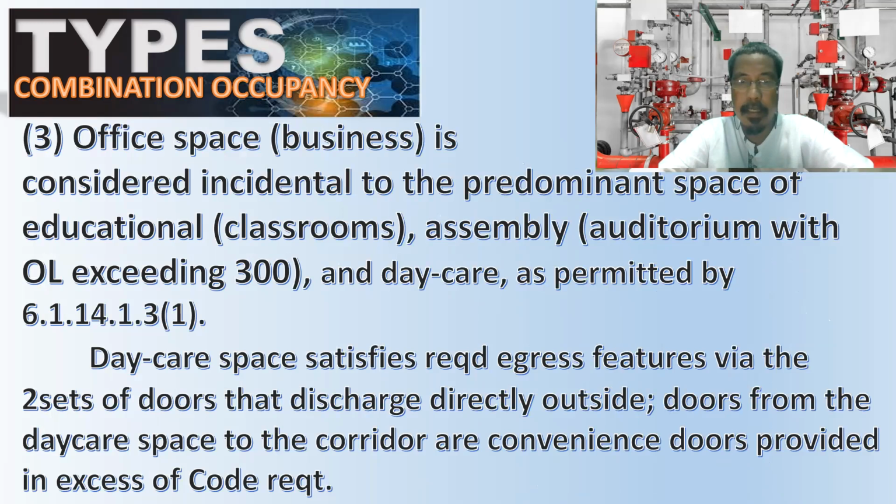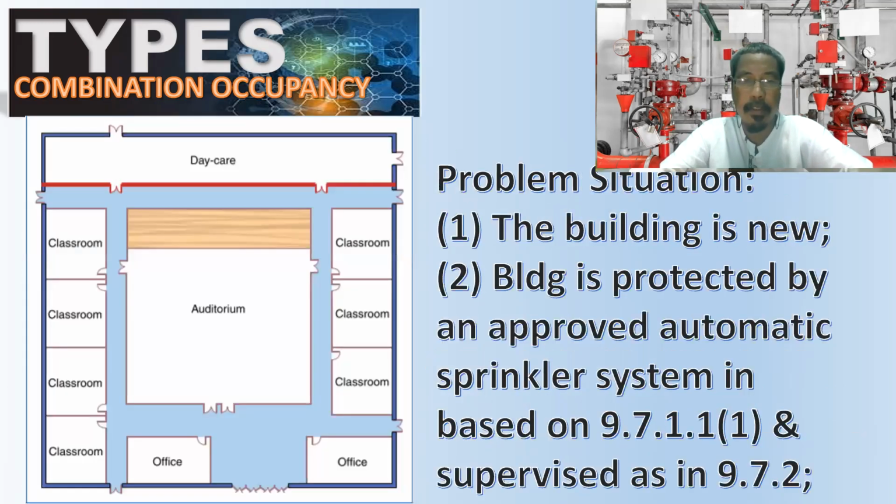So the required egress, with 2 doors, as we counted out, 2 sets of doors. So from that daycare to corridor, convenience doors. So where's that? This one. Convenience doors.